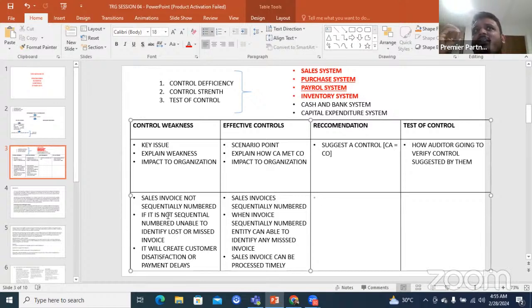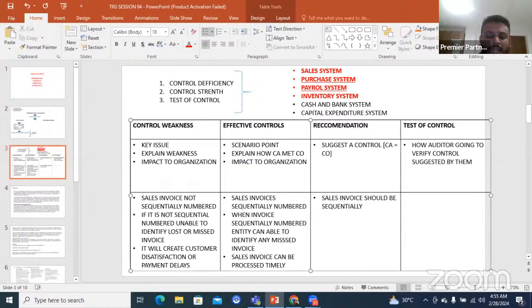One suggestion is a general control. The second one is a direct control. Direct control means that the control is a solid control for this problem. Here, one is, you can simply say, sales invoices should be sequentially numbered.